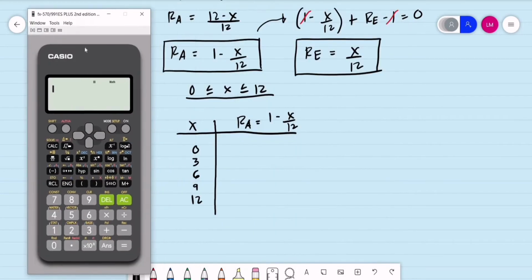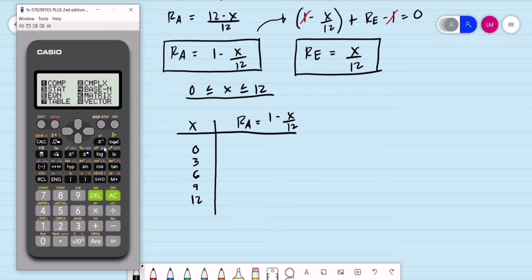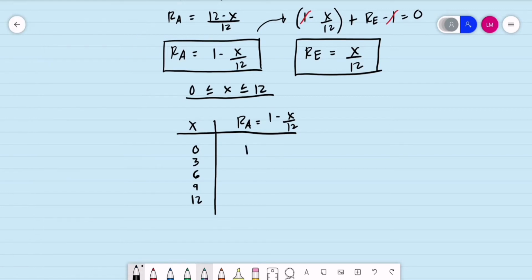So I'll be using the mode table of our calculator, that's number 7, for the function 1 minus x over 12. The start is 0, the end is 12, and our step is every 3 meters. At x equal to 0, the value of R sub A is 1.